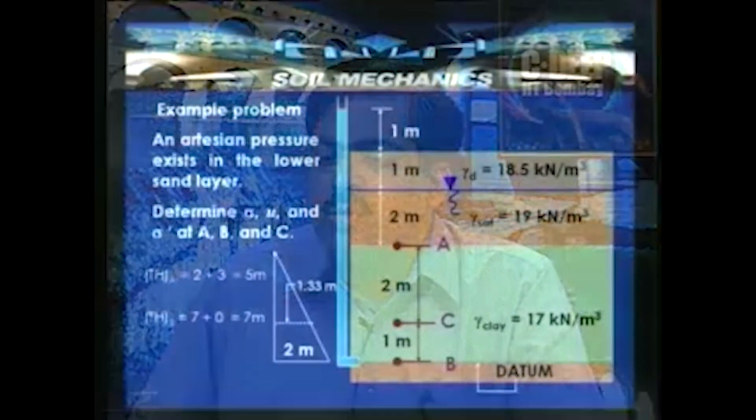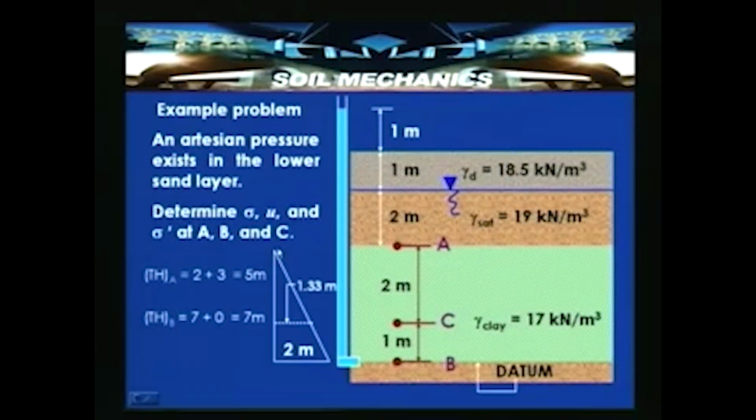By the time it reaches point A, the head loss will be equal to 0. So here at point C, it is around 1.33. Further, we look at this problem in determining effective stresses at A, C and B.